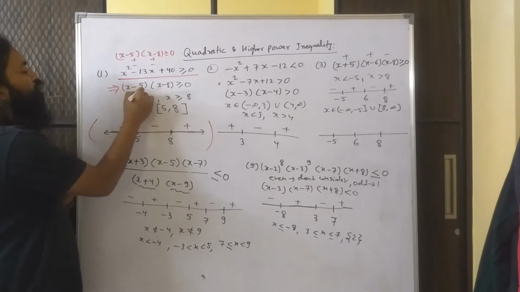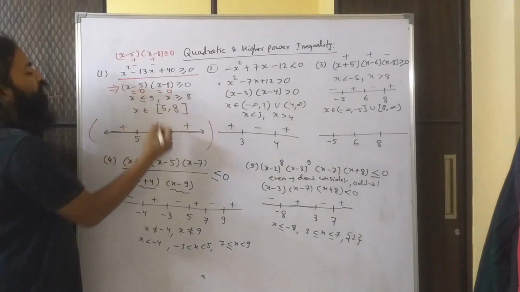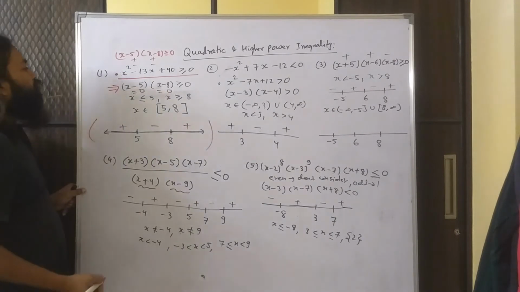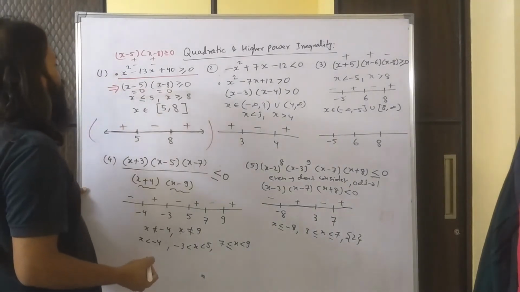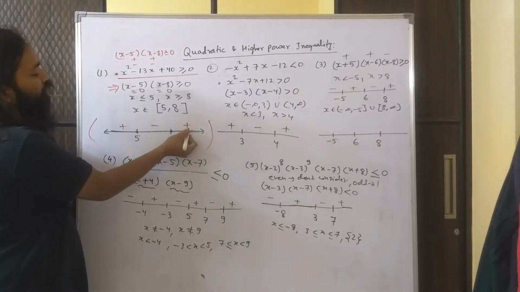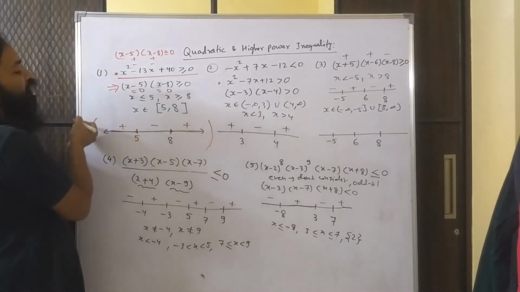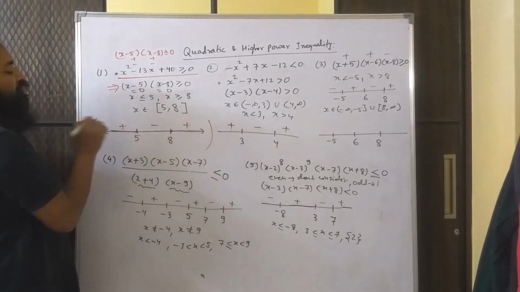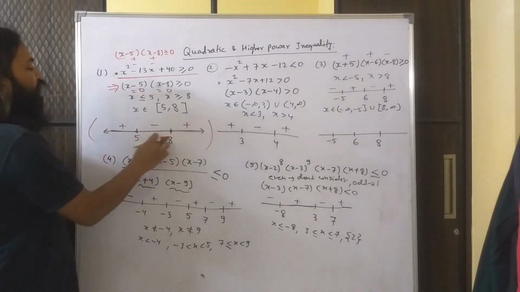So that is x equal to 5 and x equal to 8. And if the coefficient of the term with the highest power of x is positive, begin with here and start putting plus minus plus alternatively. Nothing else to do. No need to check every time.